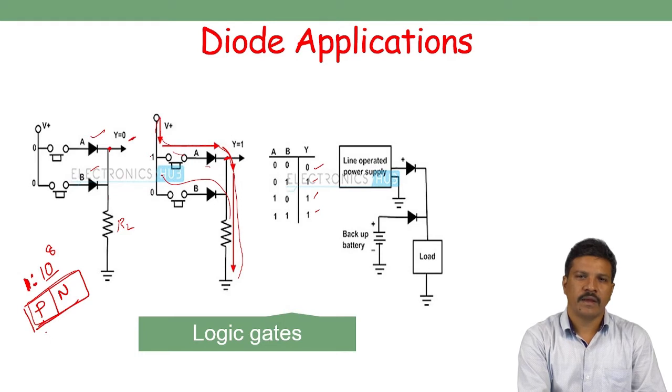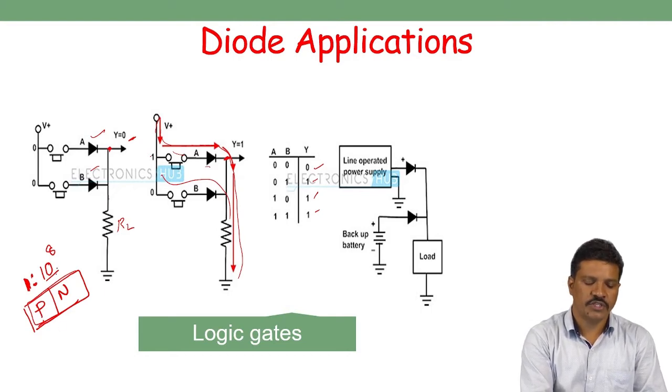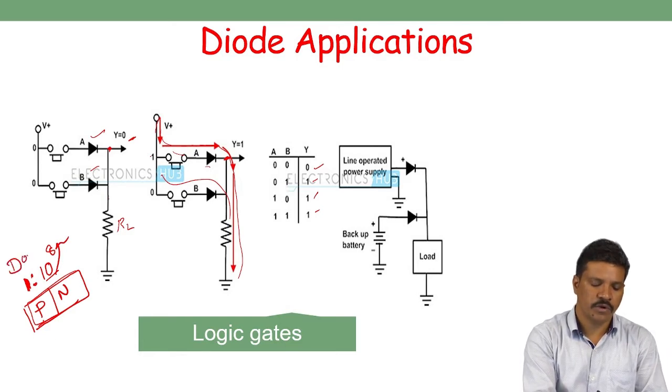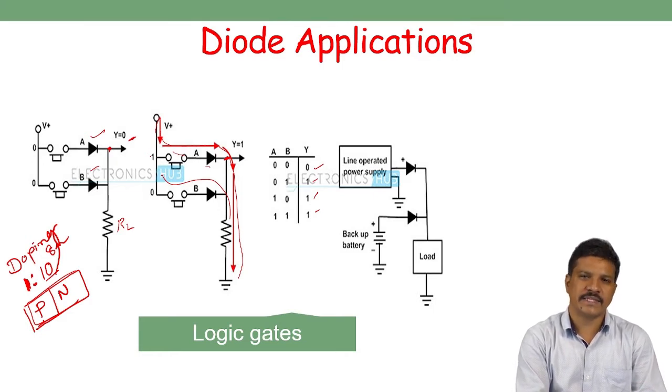Suppose, in order to improve this application, in order to upgrade this PN junction diode for use in different applications, we can change this doping. When we change this doping, it makes the diode suitable for many applications.